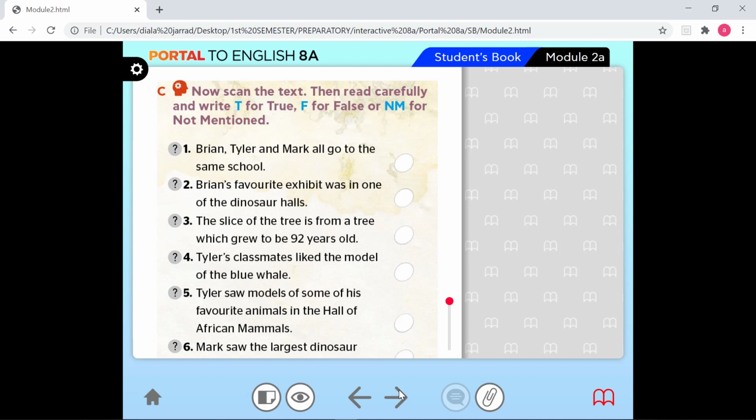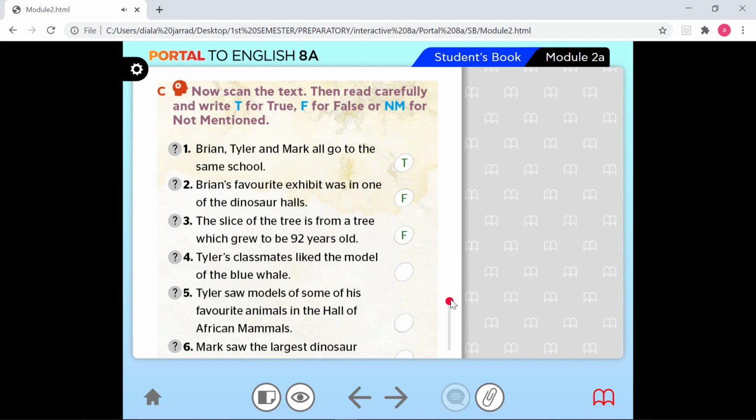Number 1. Brian, Tyler, and Mark all go to the same school. True. Brian's favorite exhibit was in one of the dinosaur halls. False. The slice of the tree is from a tree which grew to be 92 years old.